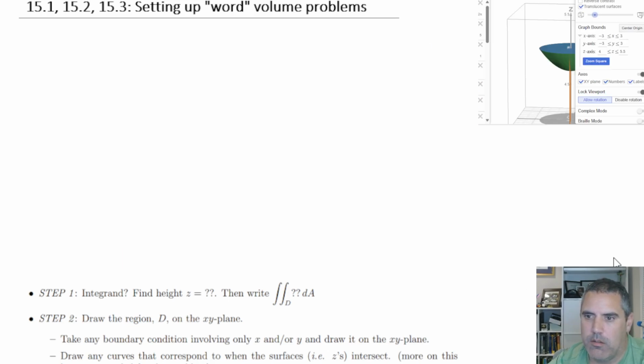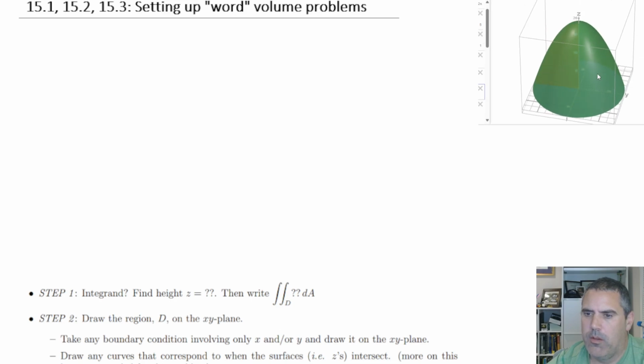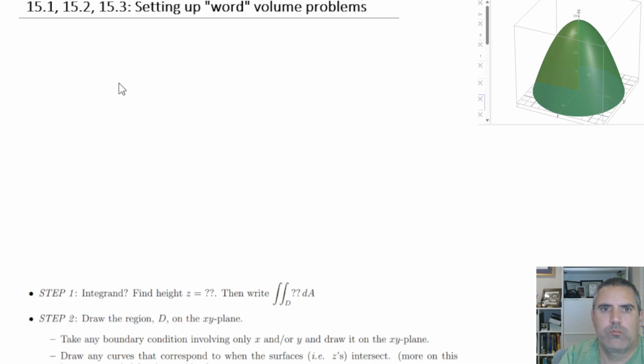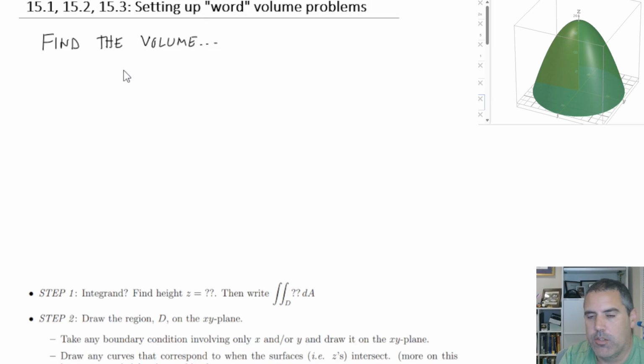Let's look at another one. Let's see. I had several more in here. Here we go. So this one says, find the volume. This happens in 15.1, 15.2, and 15.3. These are just different types of regions, but it's the same setup. So find the volume of the solid bounded by, and it gives the following.